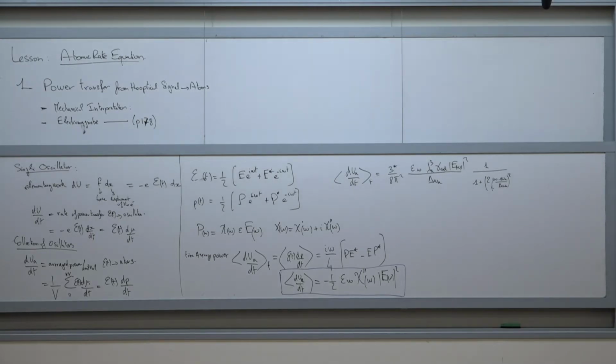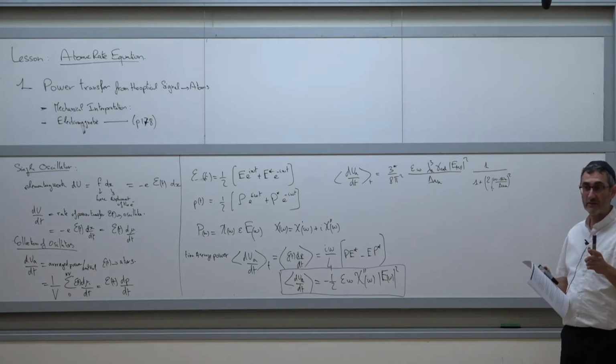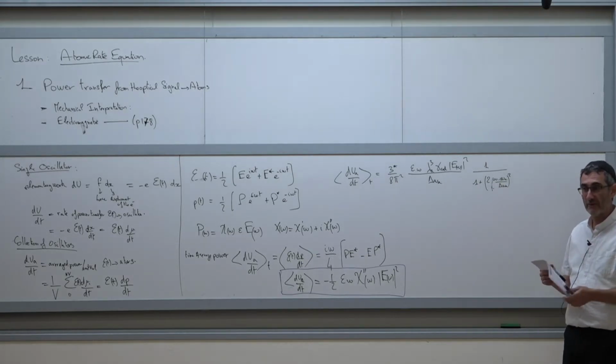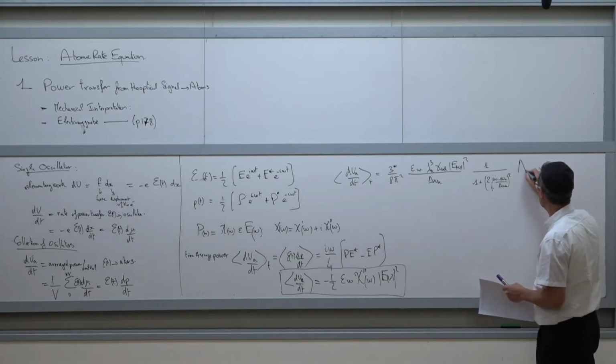What is the term missing in this expression? Check your notes. N. Right, n. It's not n because we changed n into delta n, if you remember. So you're right, delta n is missing, so I have to multiply here by delta n.